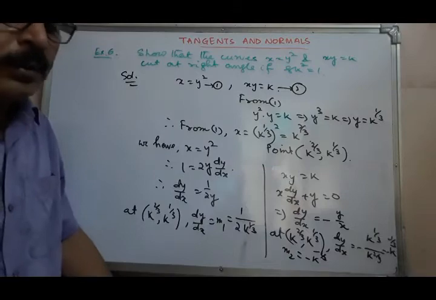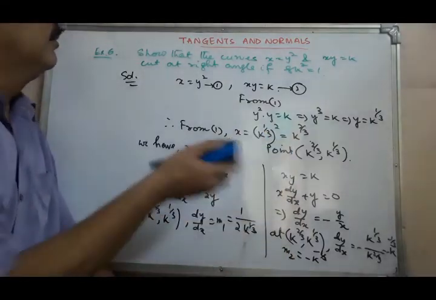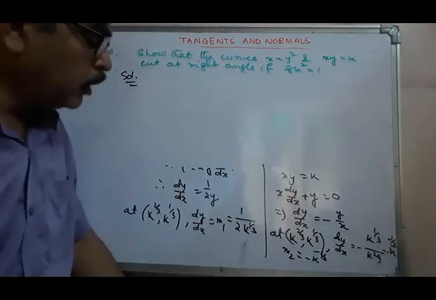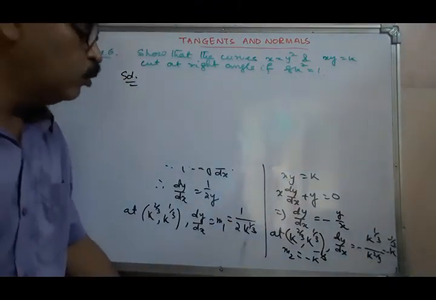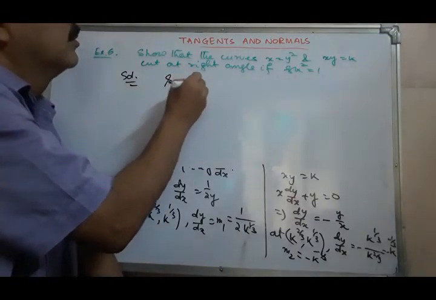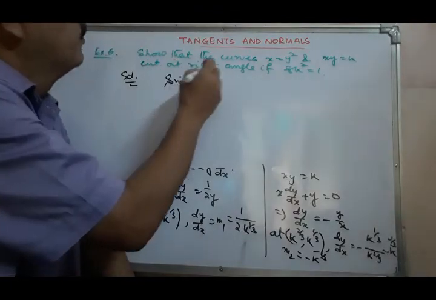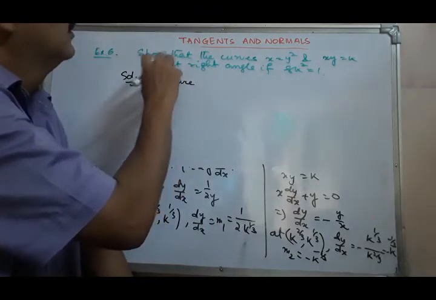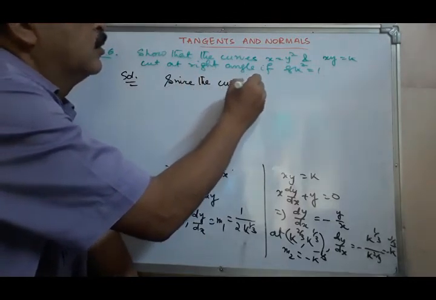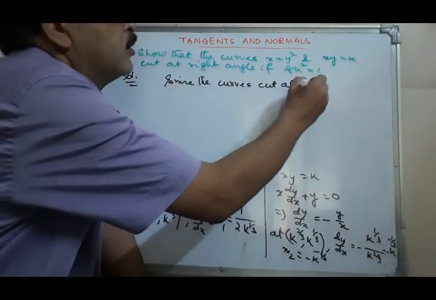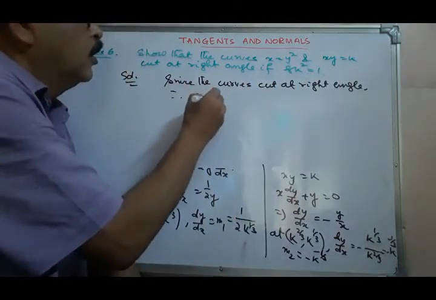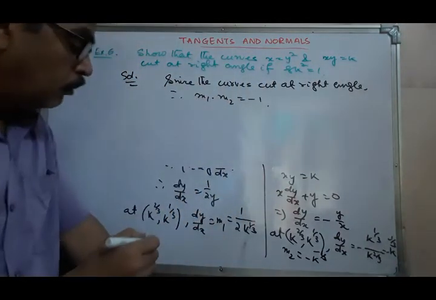If the two curves cut orthogonally, then the product of the two slopes must be equal to minus 1. Since the curves cut orthogonally, therefore m1 into m2 equal to minus 1.